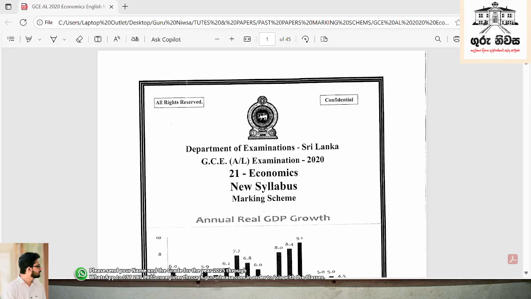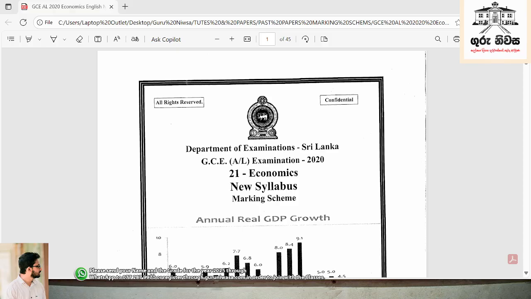Today the main target is to complete some past paper questions, right? Giving you an idea how to do production possibility curve past paper questions according to marks given and structure. That is my main purpose today.